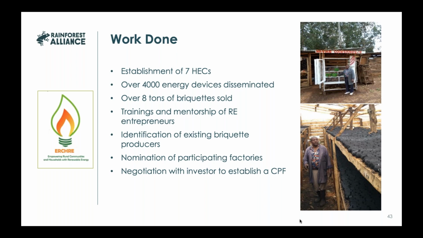We also identified existing commercial briquette producers, targeting the factories. We've nominated the participating factories, and we are in the advanced process of negotiating with an investor to establish a centralized briquette producing facility. On the far right, you can see photos of the HECs we established and mentored. And next.